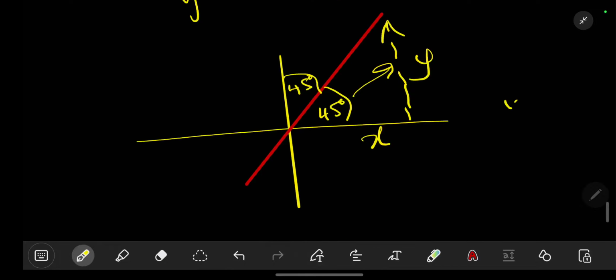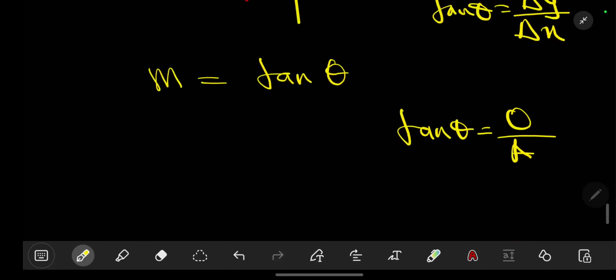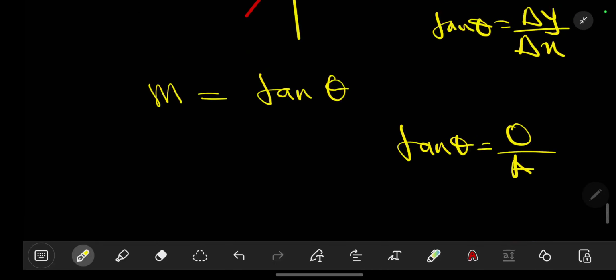But this is the gradient, y2 minus y1 over x2 minus x1. This means you're looking at tan, because tan of theta is equal to the change in y over the change in x. So that's how come the gradient is equal to tan of theta.